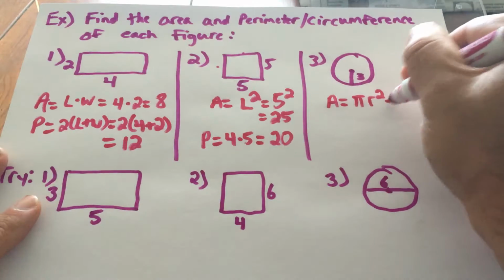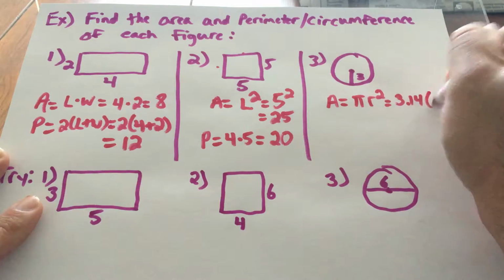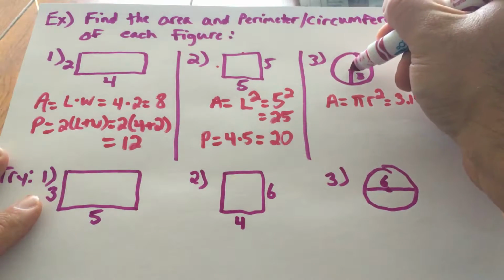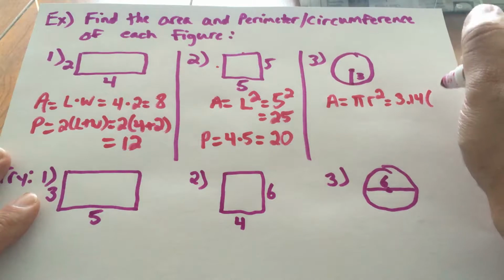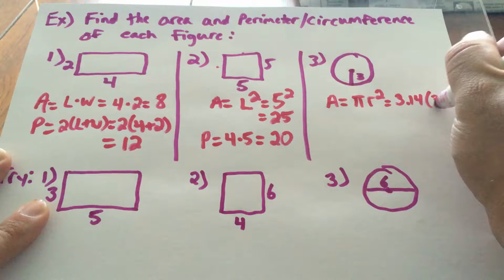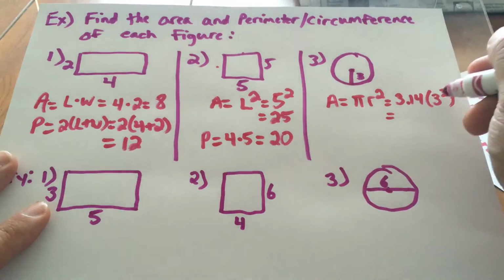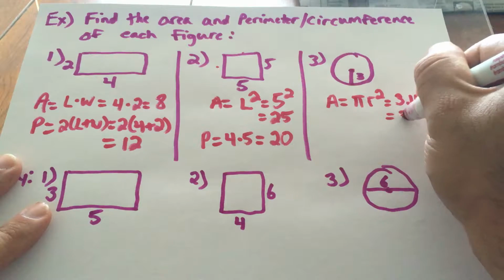So if you don't want to write pi, you can say this is 3.14 times, now notice they give us the radius. The radius is the distance from the center to the edge, which is 3. So that's 3.14 times 3 squared. And now you crunch it out. We have to do the exponent first. 3 times 3, or 3 squared, is 9.